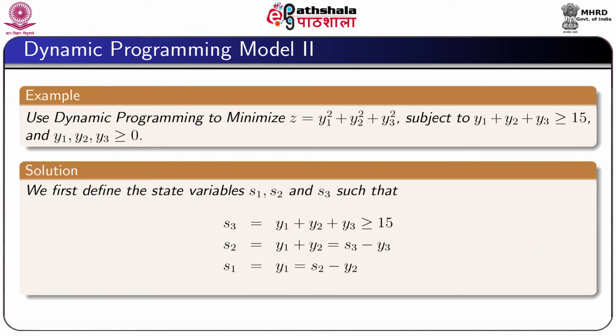Now, we consider an example. Use dynamic programming to minimize z equal to y1 square plus y2 square plus y3 square, subject to y1 plus y2 plus y3 greater than or equal to 15 and y1, y2, y3 greater than or equal to 0.